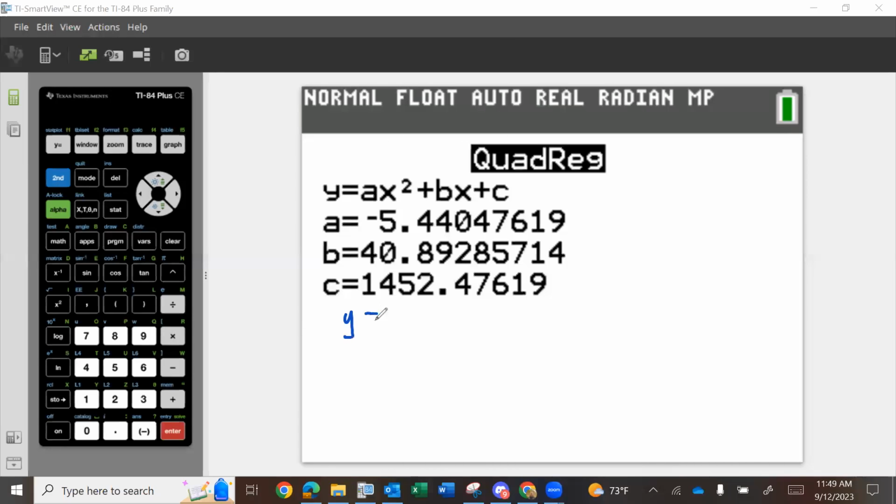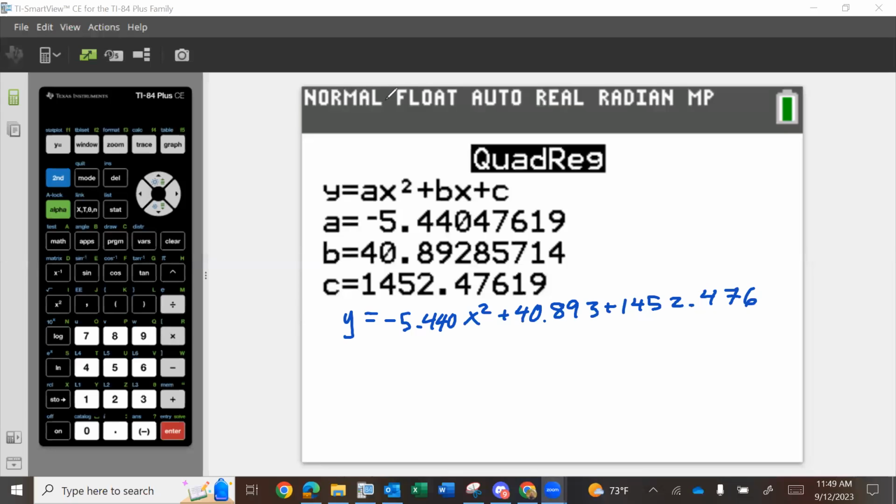So y equals negative 5.440 x squared plus 40.893 x plus 1452.476. So there's my regression equation.